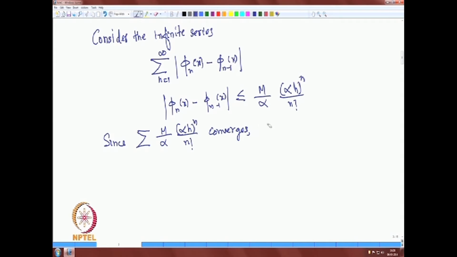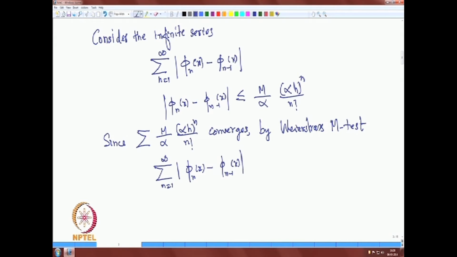By the Weierstrass M test, the series n equals 1 to infinity of phi n x minus phi n minus 1 x converges, and it converges uniformly on the interval which we are concerned about, x0 plus h. It converges on this.